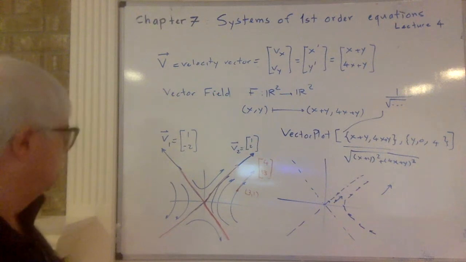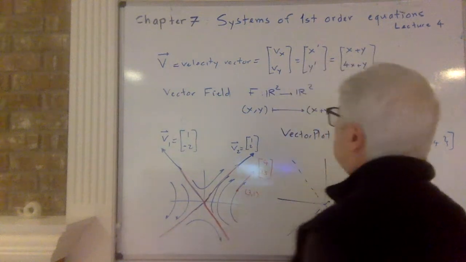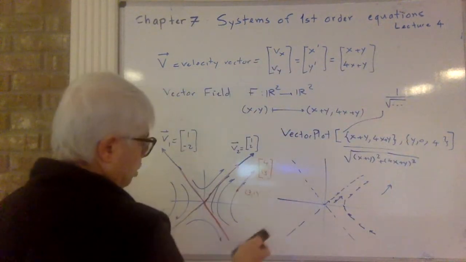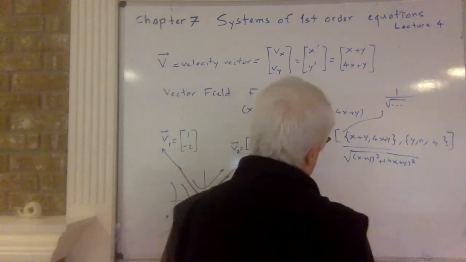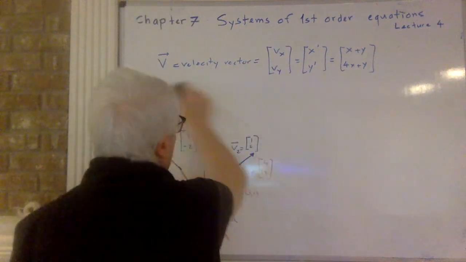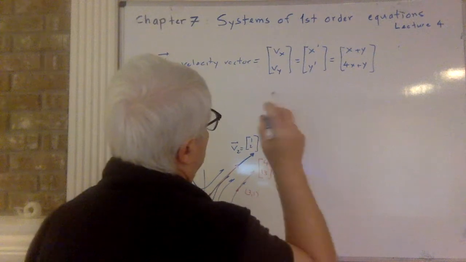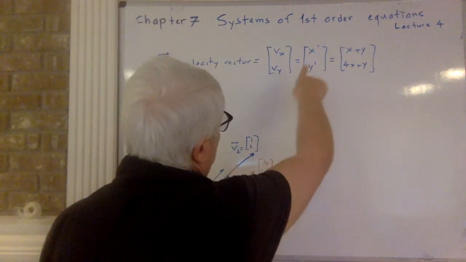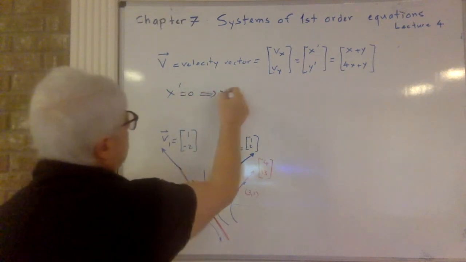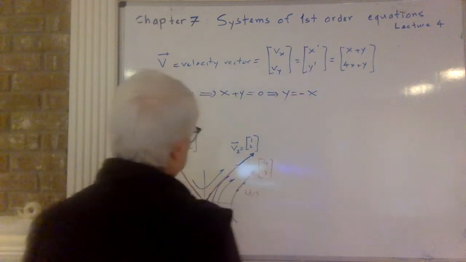And what else? Yeah, there is something else which this also tells me. These two equations. Let me erase this. What happens if I set x prime equal to 0? That gives me x plus y equals 0, which gives me y equals negative x.